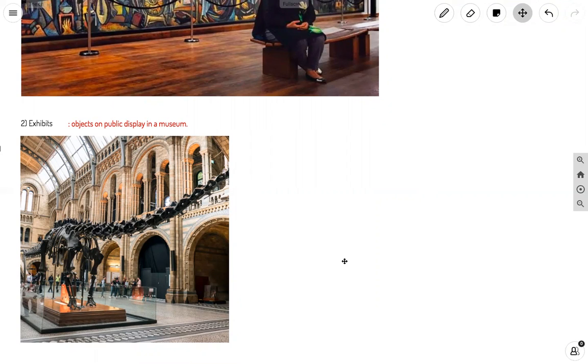And so this is a part of an exhibit, which means that exhibits themselves are objects on public display in a museum. So if you do go to a museum, you might see an exhibit concerning the artifacts found in the Indus Valley civilization, or even of dinosaurs.